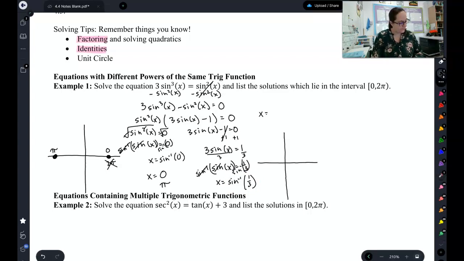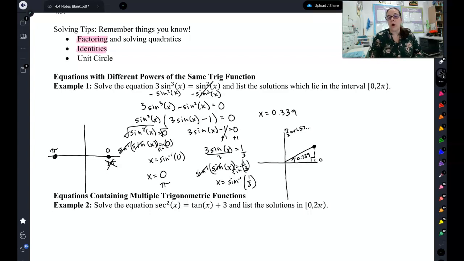So when we type that in, we should get 0.339. Remember, this is 0 radians. This is pi halves radians, or about 1.57 radians. So 0.339 radians would be pretty close to the x-axis down here. Like that. However, we know there's always a second triangle. We're focusing on the sine value this time, so we are looking for the triangle that has the same y value because we're focusing on sine.